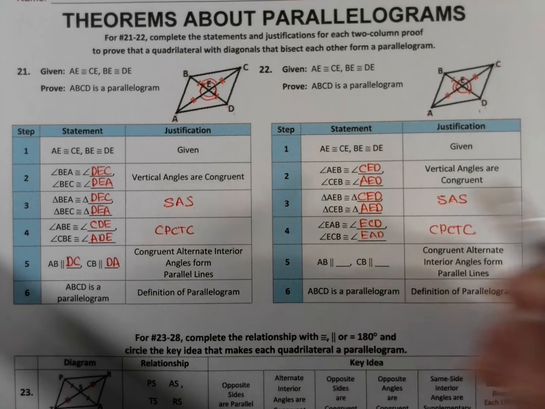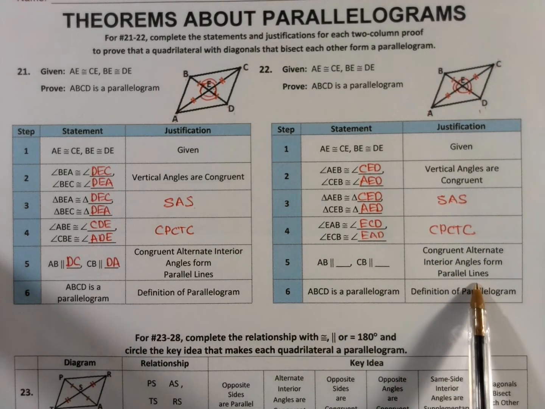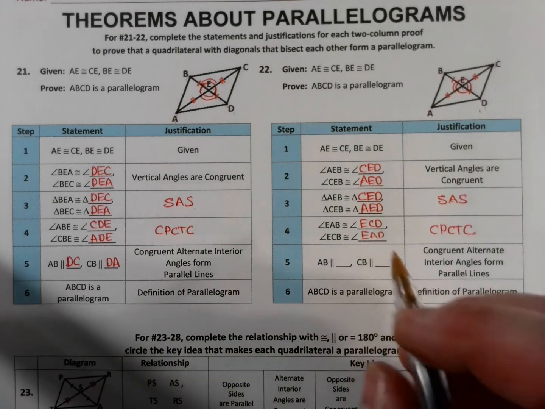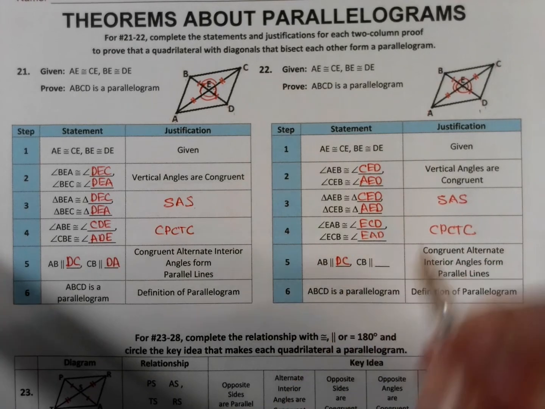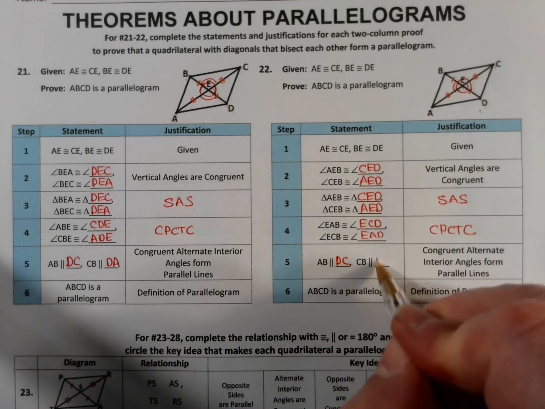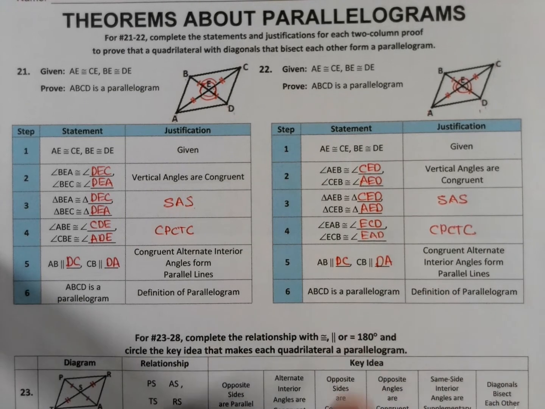So when this happens, we have congruent alternate interior angles. AB is going to be parallel to DC, and then CB is parallel to DA. And again, when this happens, we have ABCD is a parallelogram.